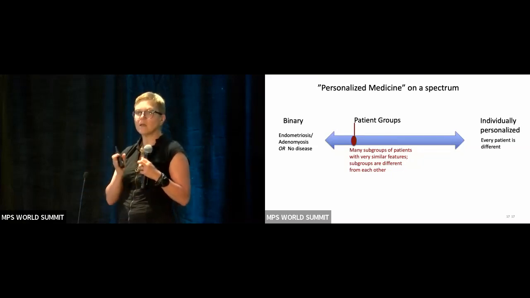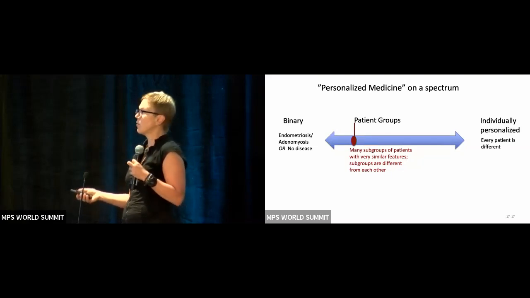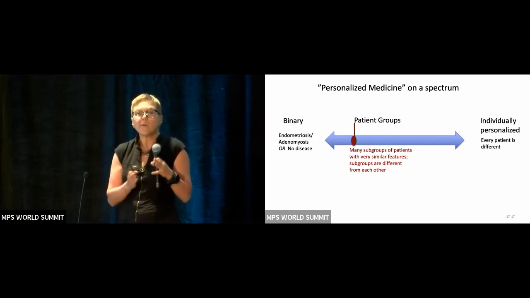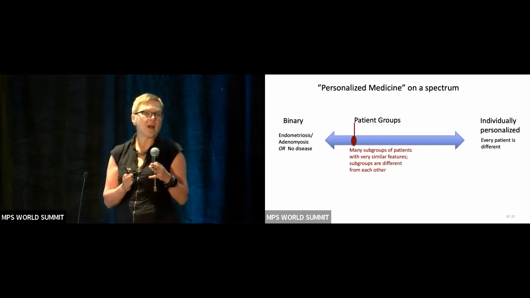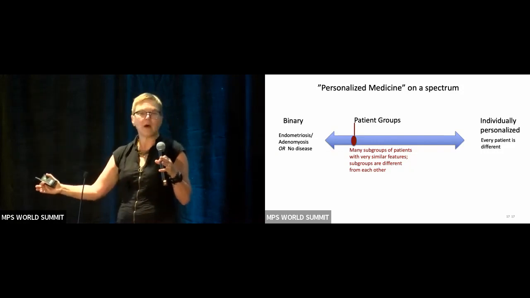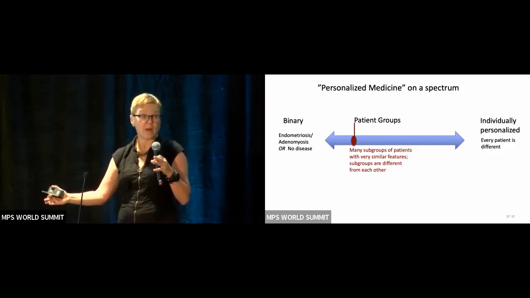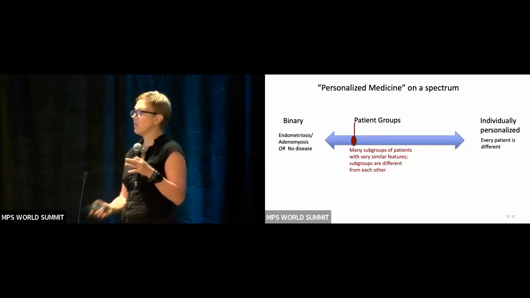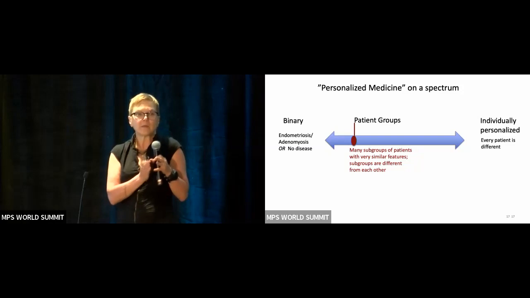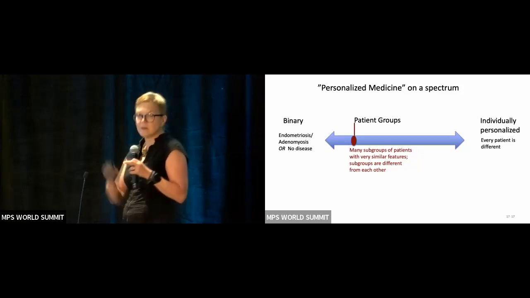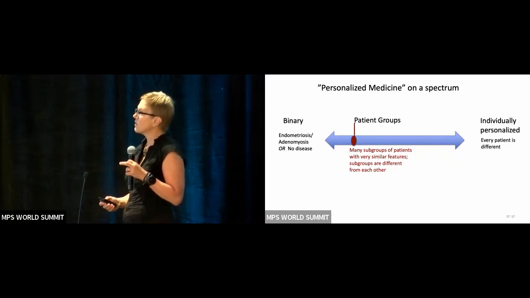So to kind of orient you, in an era of personalized medicine where you might think every patient is different, and indeed every patient is different, there are probably subgroups of patients, maybe 5, 10, however many, such that you're not disease or not, you're not binary, but you can't possibly, with almost 200 million women around the world suffering from these diseases, you can't possibly have a different therapy for every patient. So we like to think of subgroups of patients that may be in the order of a dozen or so. And this is going to be a many decades long quest, of course, to figure this out.